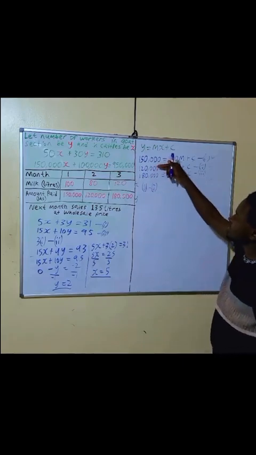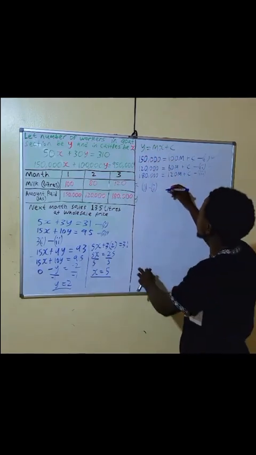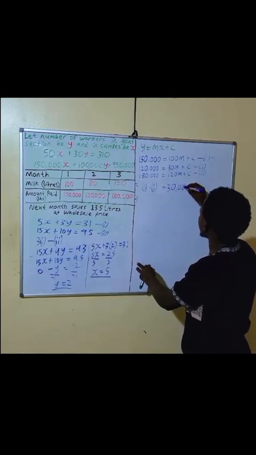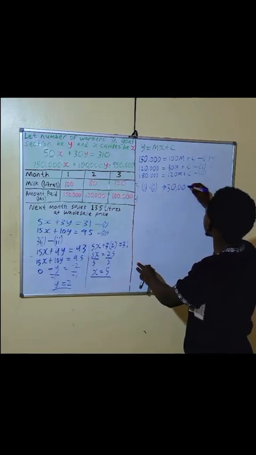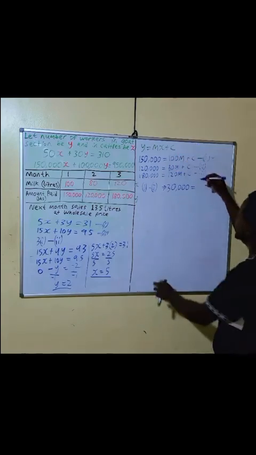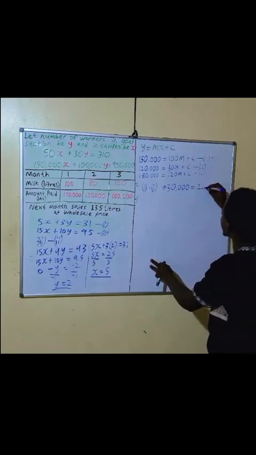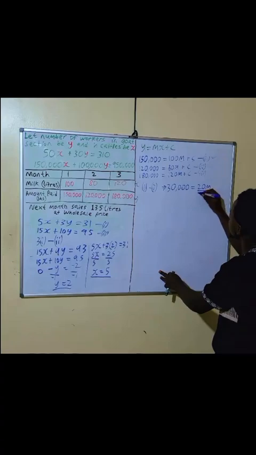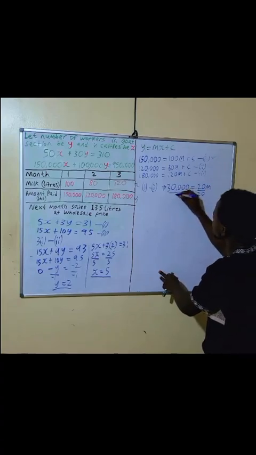Let us subtract together. This is 150,000 minus 120,000. The answer is 30,000, which is equal to 100m minus 80m, you get 20m. Then c minus c is 0. So to get m, I'm going to divide by 20 on both sides.